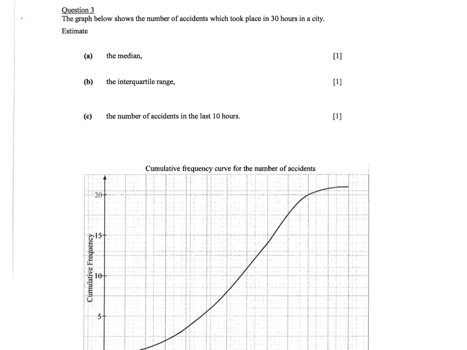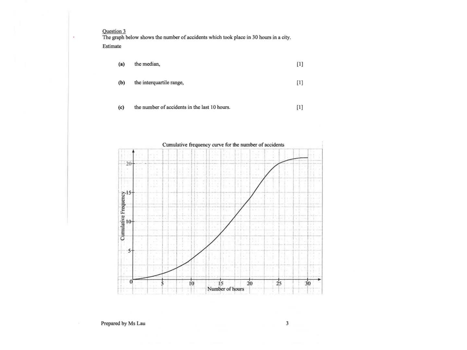Okay, this one, the number of accidents that took place in 30 hours, find the median. So median is always the 50%. Be careful, you need to look carefully for the 100%. The 100%, if you read carefully, is 21. This is your total, your 100%. So to find the median, the 50% of 21 is 10.5.